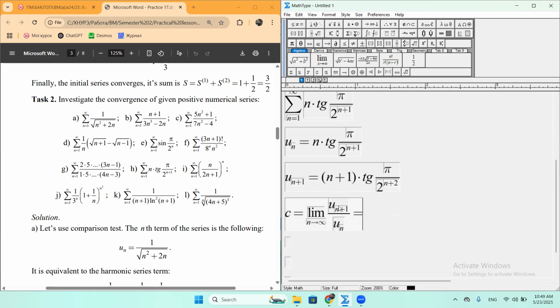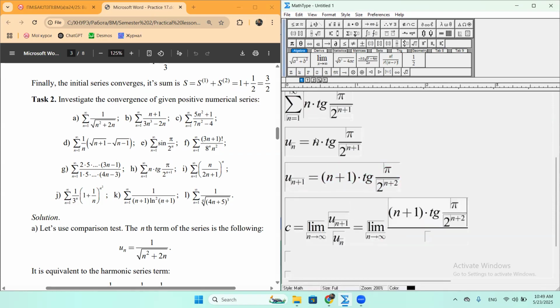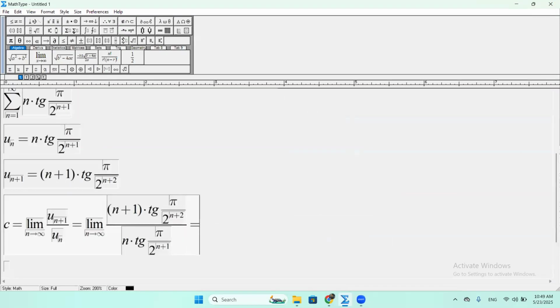So now calculating the limit. So taking this expression and this expression. So what can we cancel? We can cancel n and n plus 1 because they are equivalent.